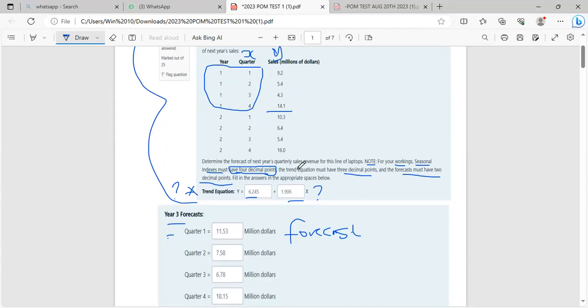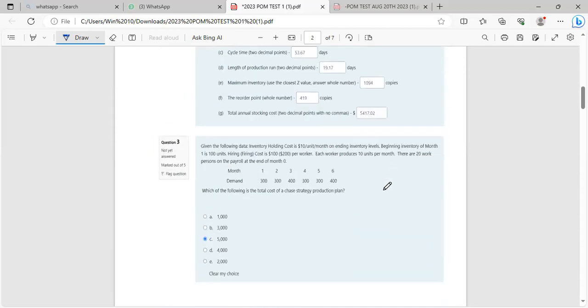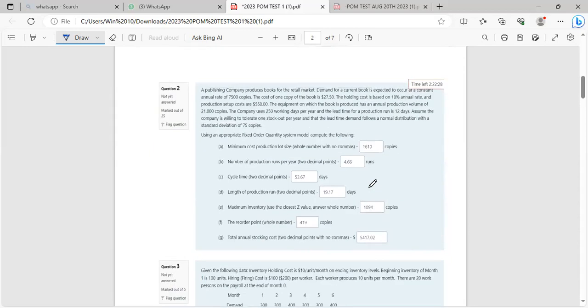All right, we can look at question number 2, which is on inventory management for a publishing company. This company has a constant demand of 7,500.